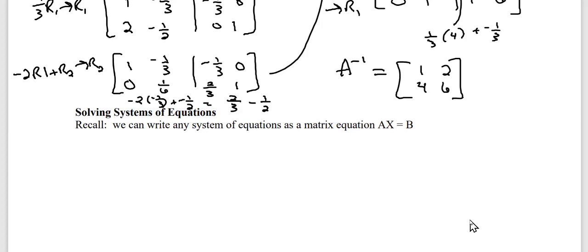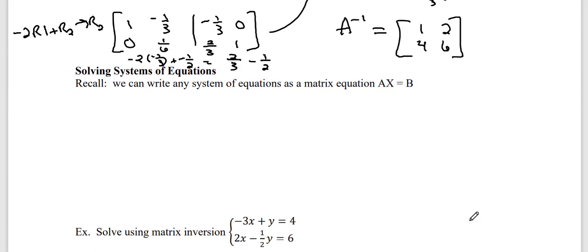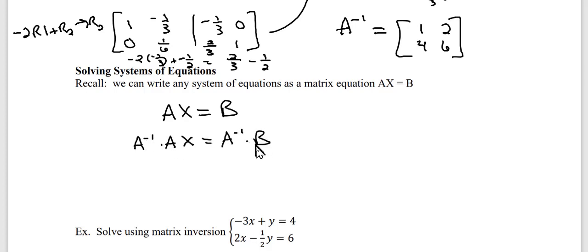Now let's get back to why we care about inverses. That's what solving systems of equations using matrix inversion really boils down to. AX equals B. One thing we can do is multiply both sides of this equation by A inverse, in the front.